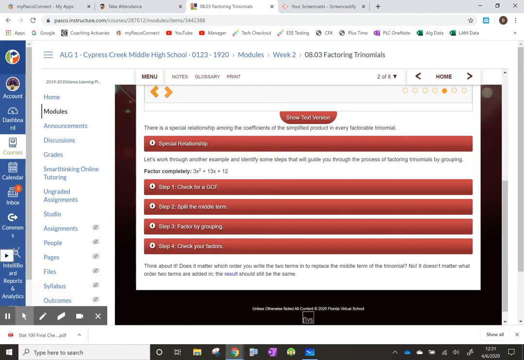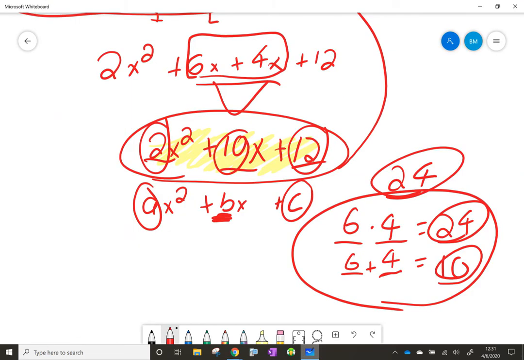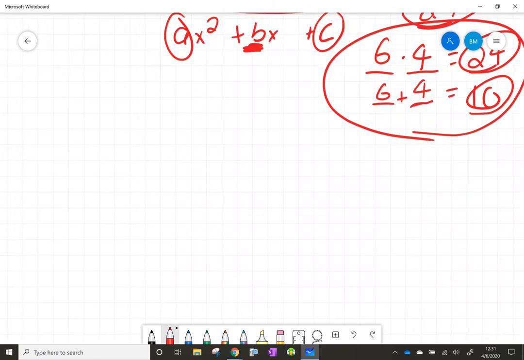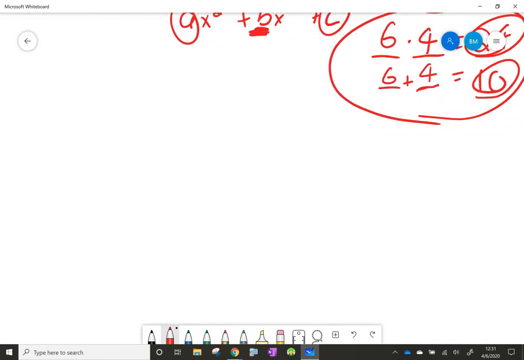Okay, before we get to their example, let's practice a little game, because this is a very important game, okay? So let's say I had a trinomial that was 2x squared plus 13x plus 20.